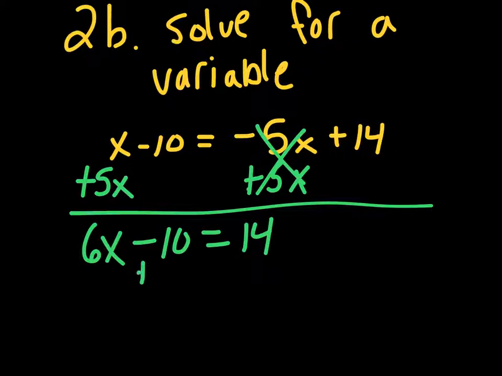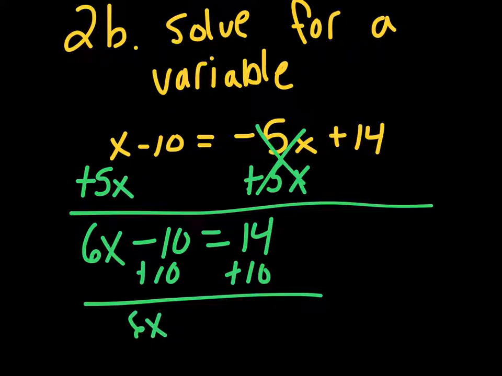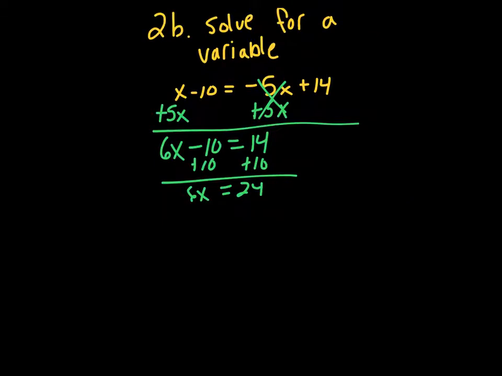I'm going to add 10 to this side, add 10 to this side, and I get 6x equals 24. And then the last thing that I need to do to solve for x is, if you said divide by 6, you got it. And we have x equals 4.